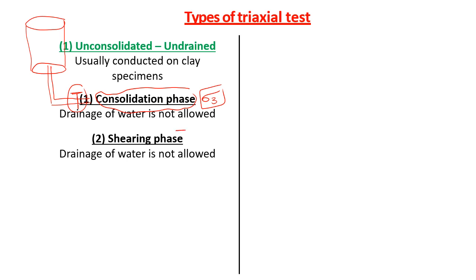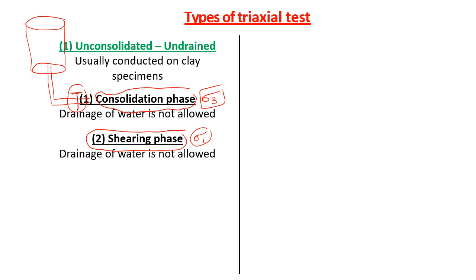And if you are in the second phase, which is the shearing phase, in which you apply an additional axial stress, so that the total axial stress in this phase is sigma 1, the valve is also closed and the water is not allowed to move out of the soil sample.